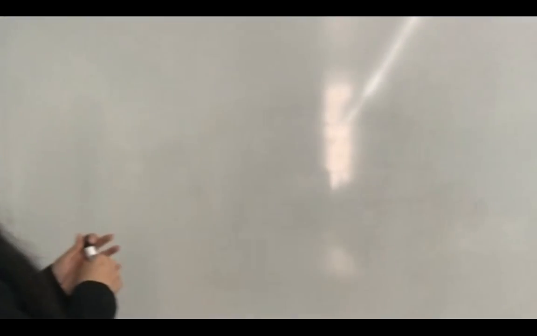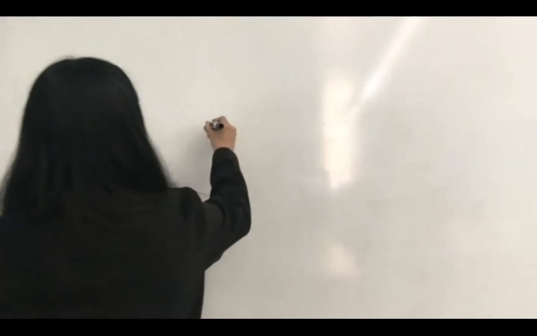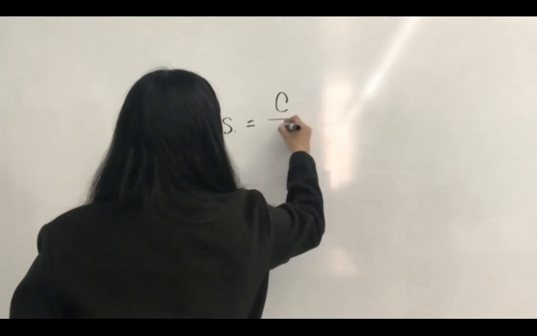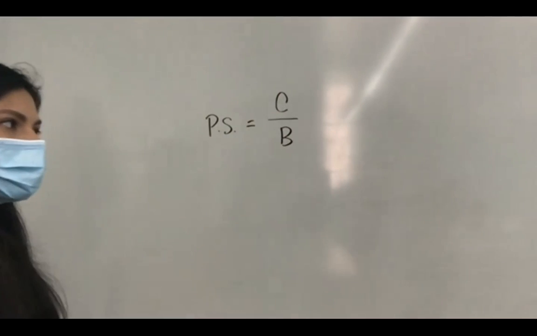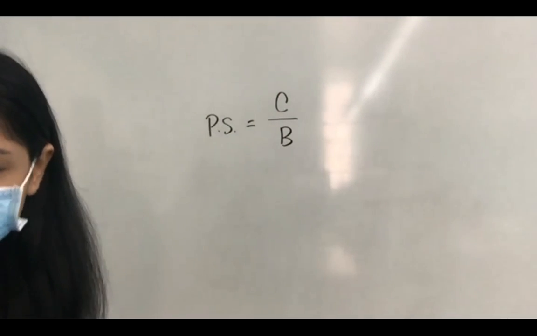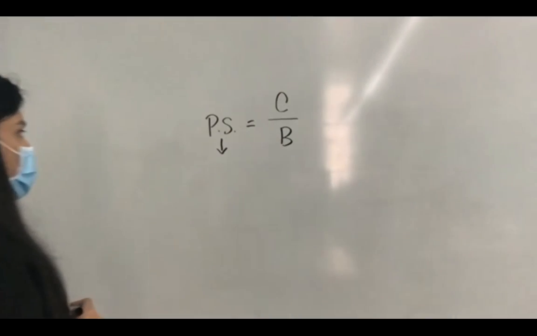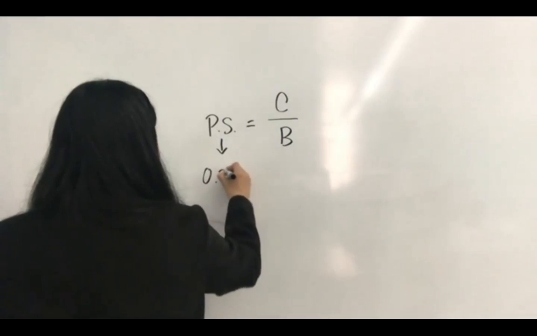Okay, there we go. So go ahead and tell me what you got for the phase shift formula. So the phase shift equals C over B. All right, perfect. And we just found your phase shift. Do you remember what number that was? So that would be 0.23. Perfect.